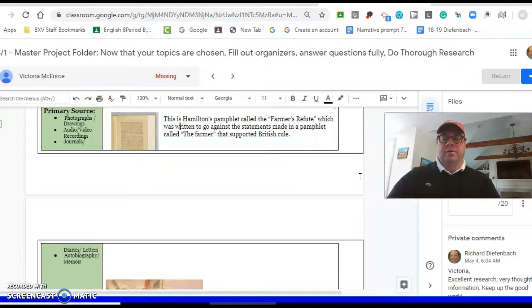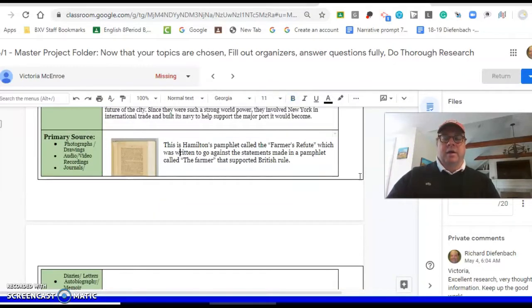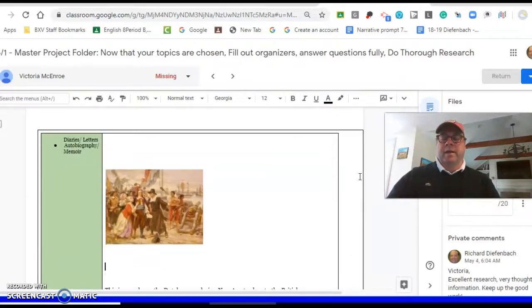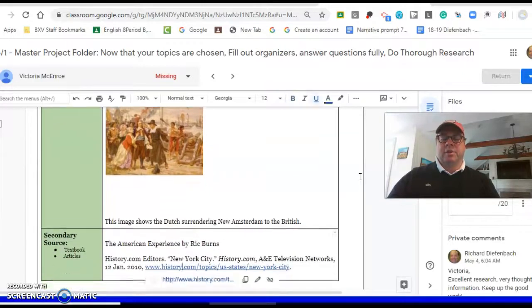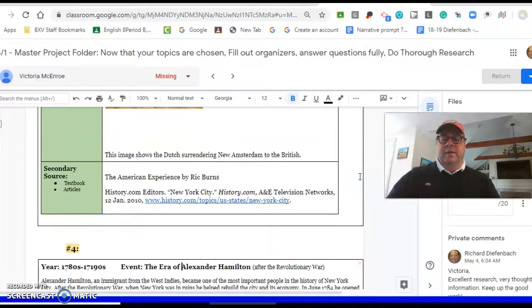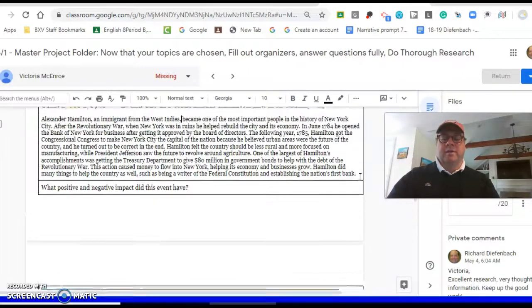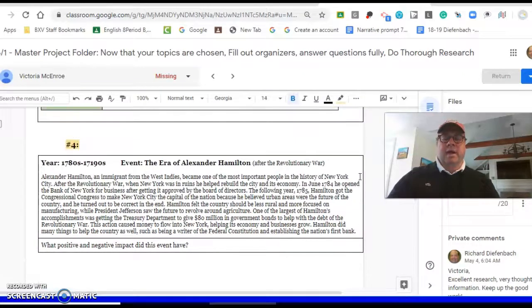And then a primary source, which is Hamilton's pamphlet about the farmer during British rule. And again, another primary source image. Again, a painting, because at that time they didn't have photography, they had paintings. Then you have number 4, which is the era of Alexander Hamilton, and this is how he impacts the region at that time. How he was the quintessential New Yorker. He really did establish a newspaper.